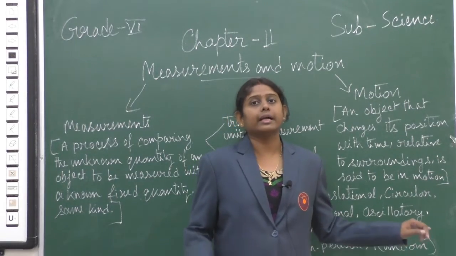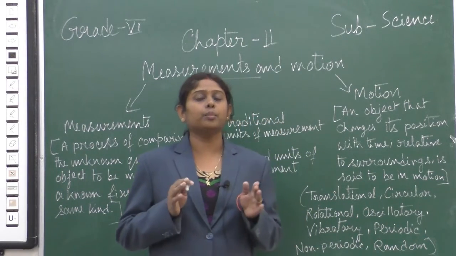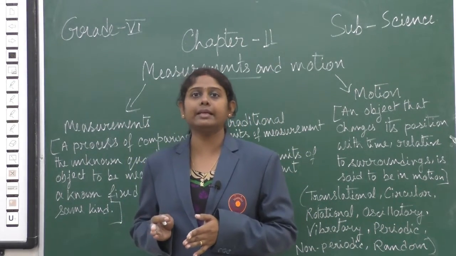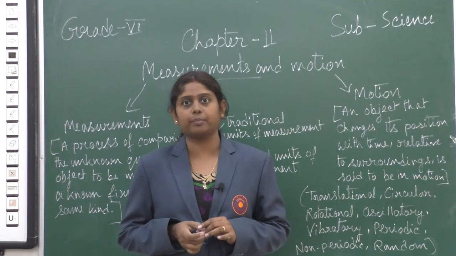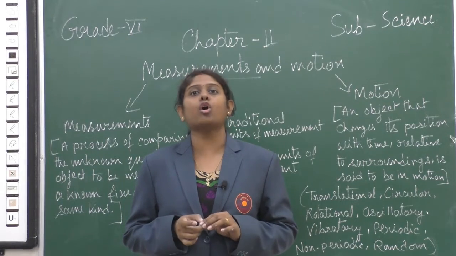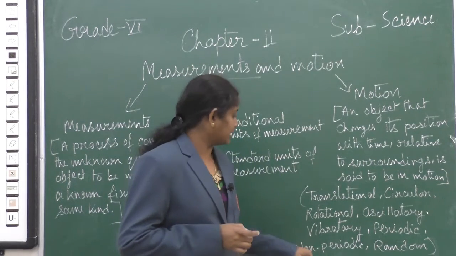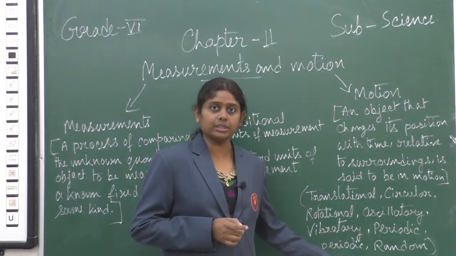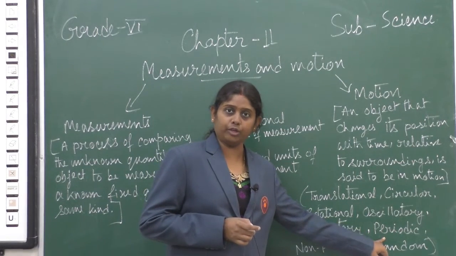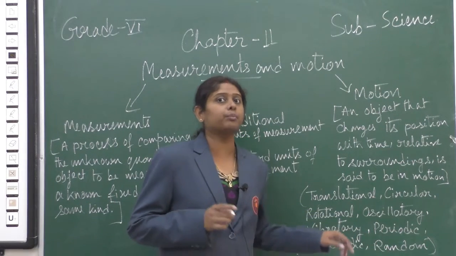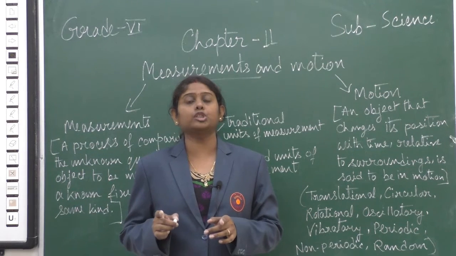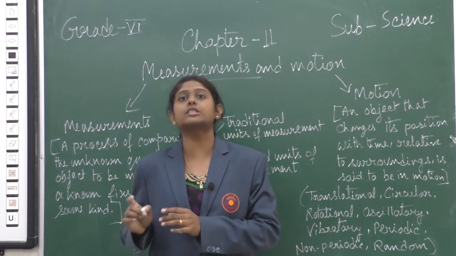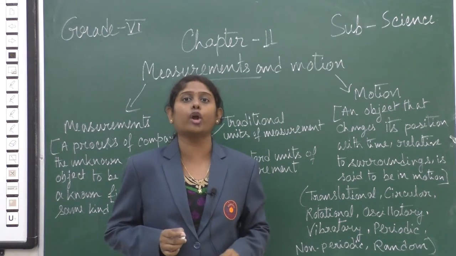Periodic motion, in this motion the body moves repeatedly in a fixed time interval, that's called periodic motion. Example, hands of a clock. Next is non-periodic motion, means opposite of periodic motion. In this motion the body does not move in the same position for a fixed time interval, that's called non-periodic.